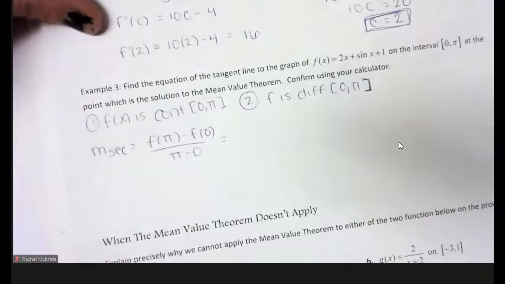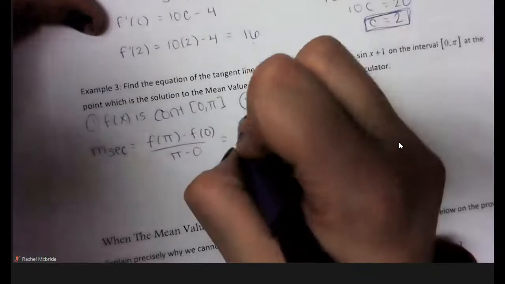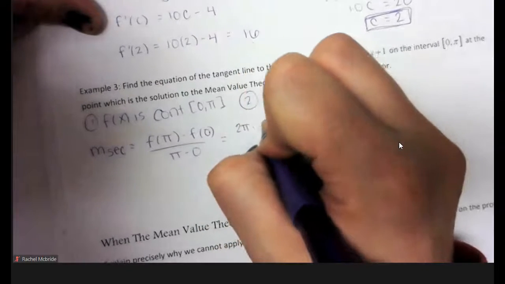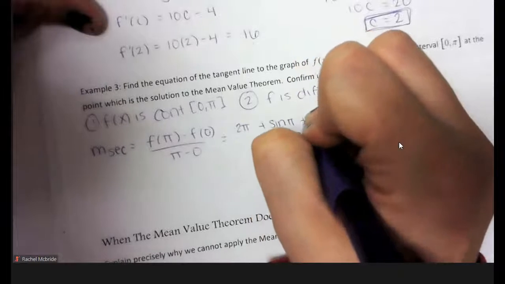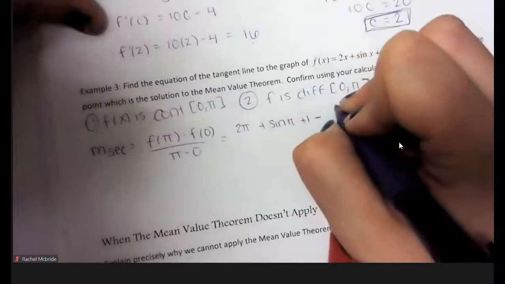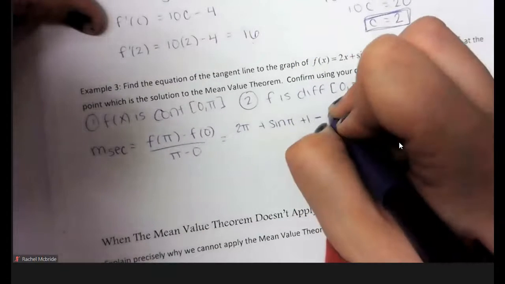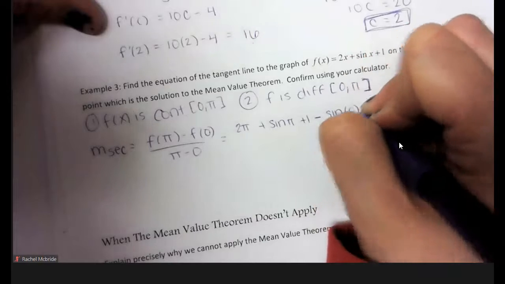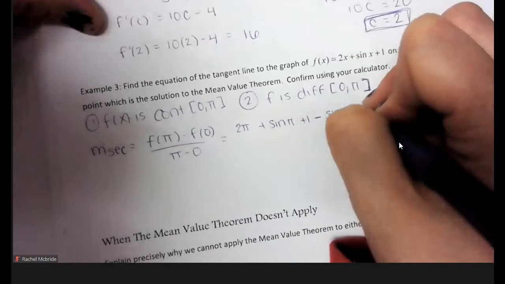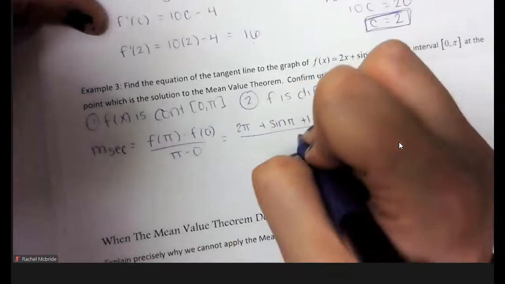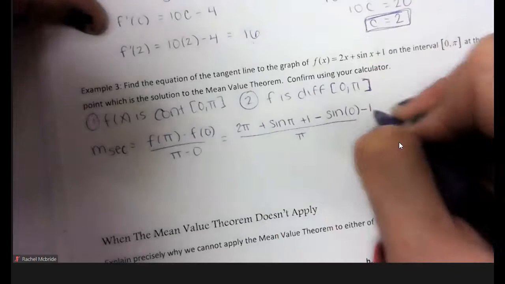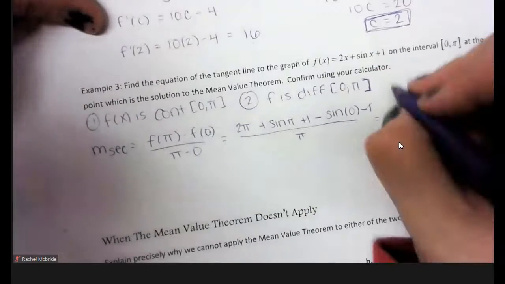So that's f of pi minus f of 0 over pi minus 0. So that's 2 pi plus sine pi plus 1 minus, well, 2 times 0 is 0, minus sine 0 minus 1, all over pi. Your 1's cancel.